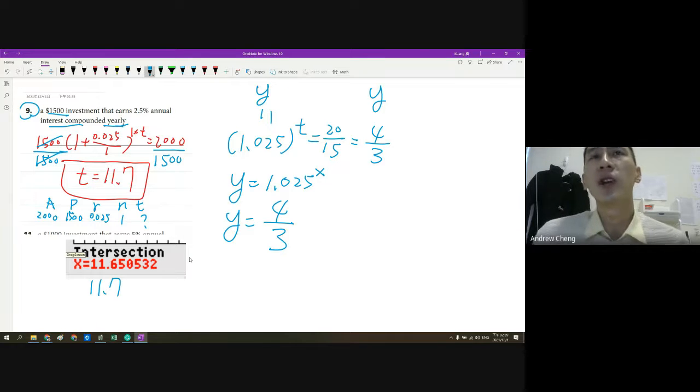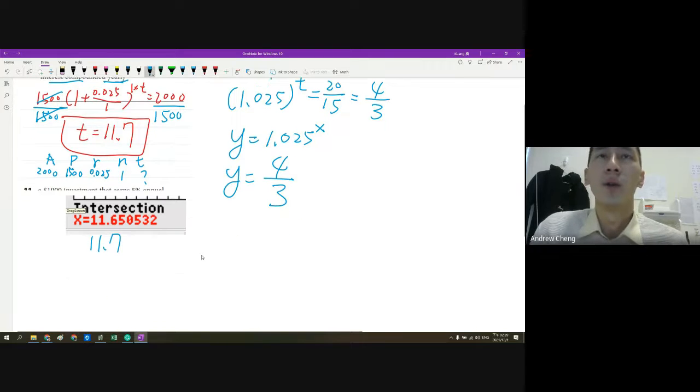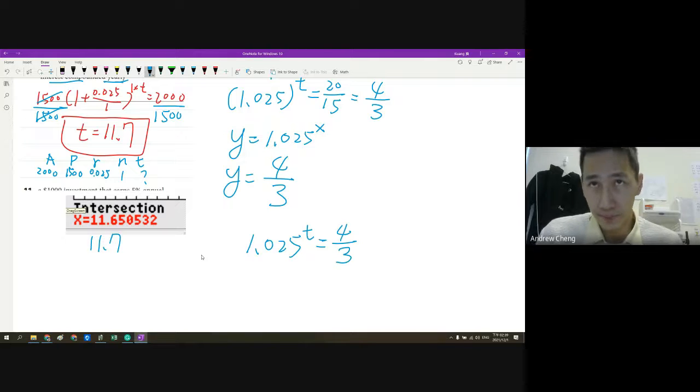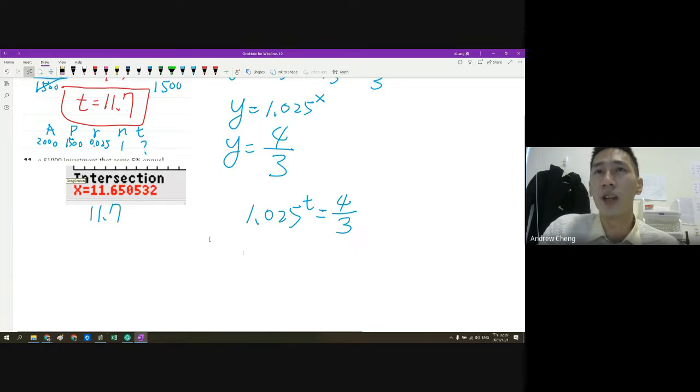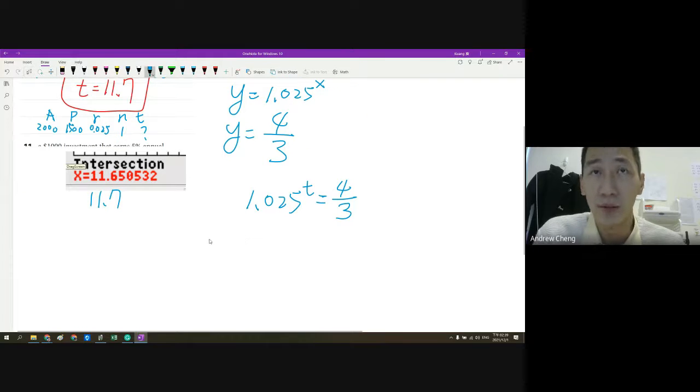However, if you do know the concept of log, right? Now we got the equation 1.025 raised to the power t equals 4/3. If I convert this exponential form into logarithmic form, how can I do this?